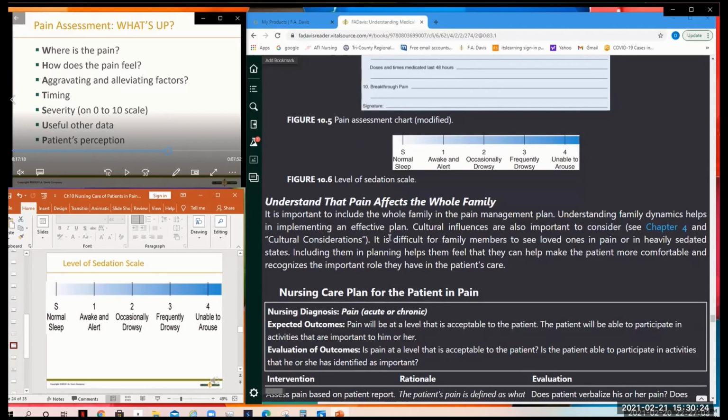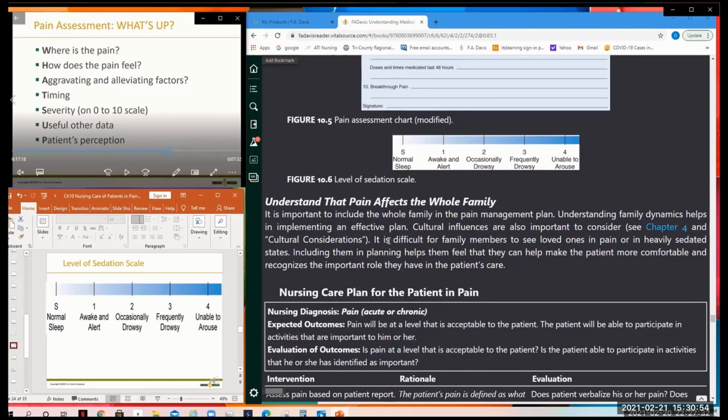See Chapter 4 and Cultural Considerations. It is difficult for family members to see loved ones in pain or in heavily sedated states. Including them in planning helps them feel that they can help make the patient more comfortable and recognizes the important role they have in the patient's care.